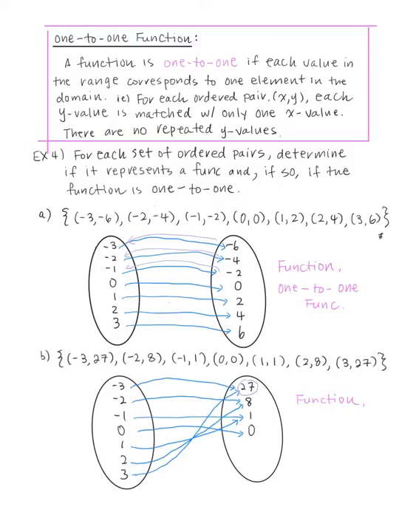Now, if it's one-to-one, 27 better have exactly one x value. However, let's look at this ordered pair and this ordered pair. Notice that when y is 27, 27 goes to two x values, which are -3 and 3. So that violates the definition of being a one-to-one function.